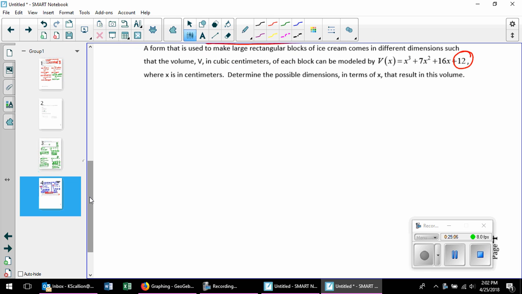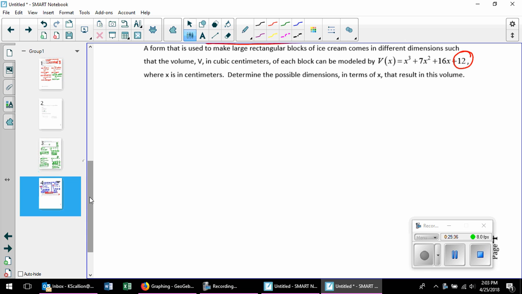I'll tell you, the ones don't work. Close, but no. -2 works. 2 doesn't, but -2 does.